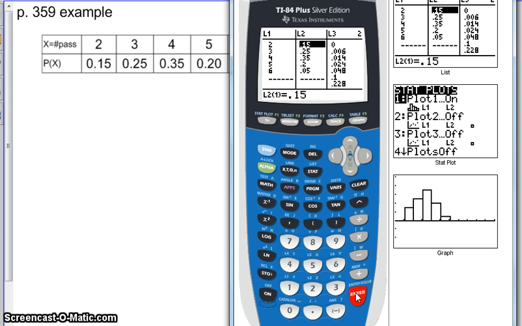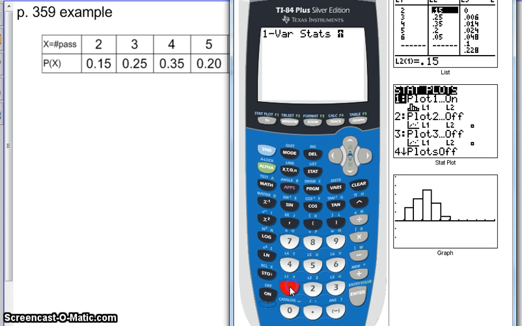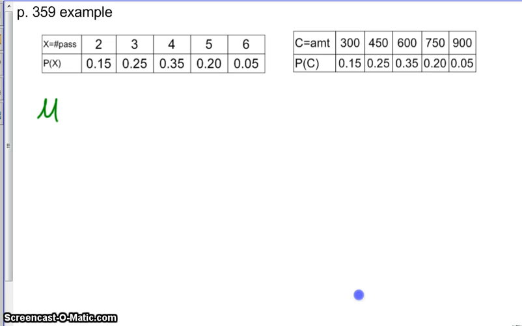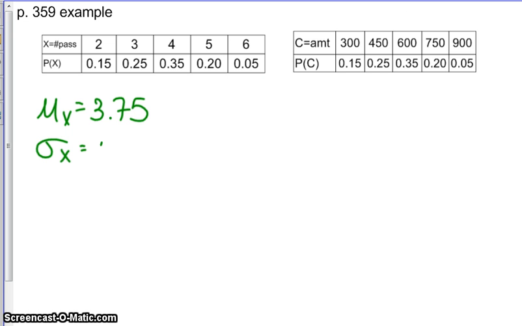I've got list 1 and list 2, and then again I can go stat, calculate one variable statistics for list 1 and list 2. And that'll give me my mean and again my standard deviation. So my mean, or my expected number of passengers here, is 3.75. And my standard deviation for this random variable x is 1.09.